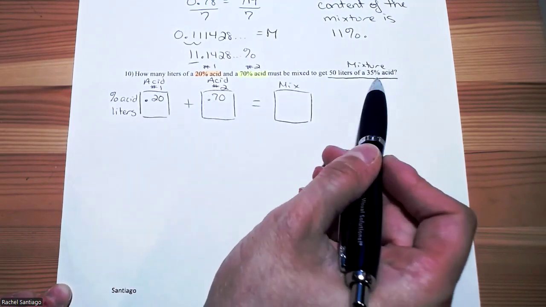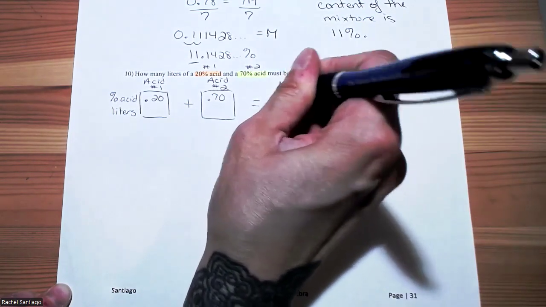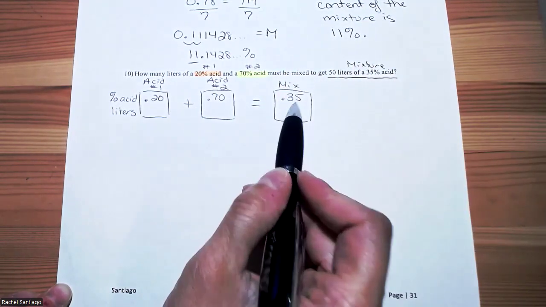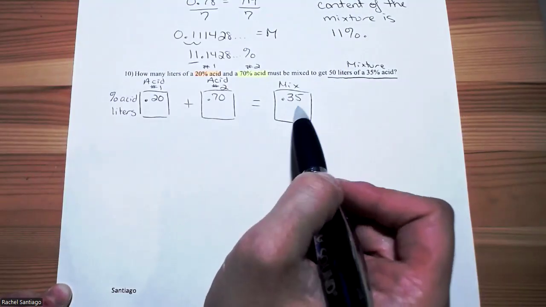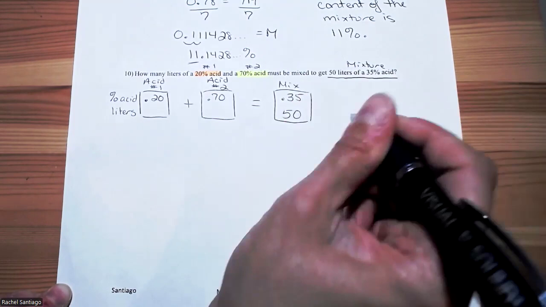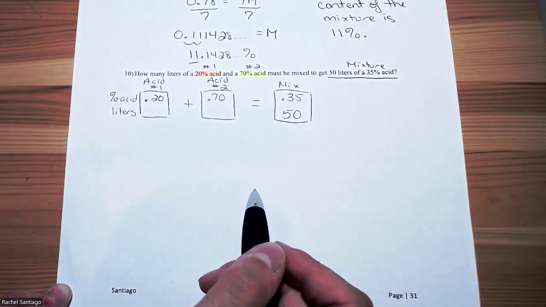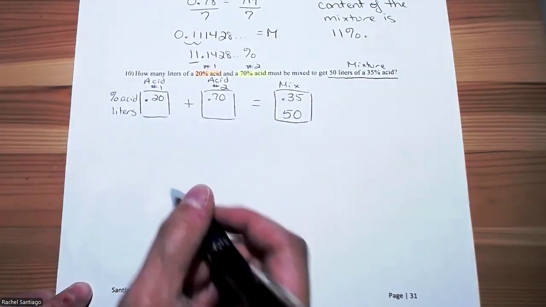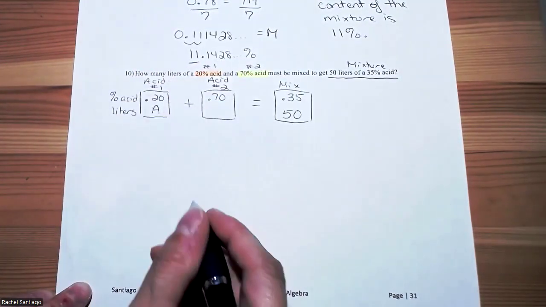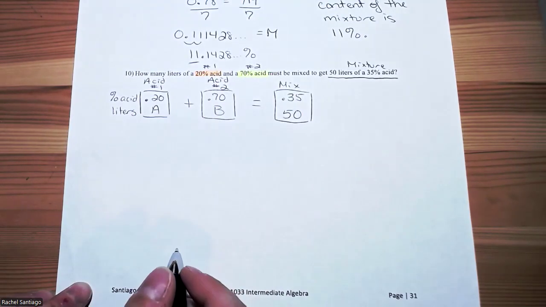And guess what? It is. So our mixture is 0.35 or 35% acid, but we also know that we want to have 50 liters of the mixture. So I'm going to put 50 here with the mixture box. Now, that means we do not know either of the amounts. So let's just call this capital A, and then we'll call this capital B.